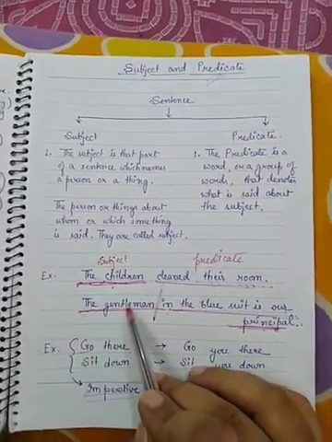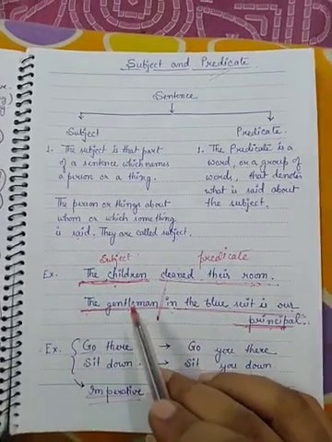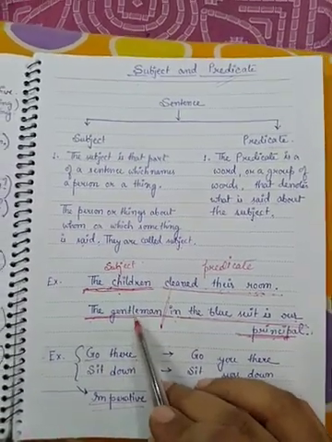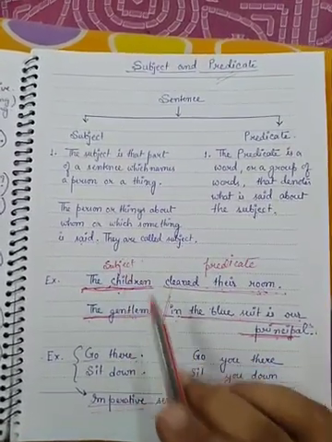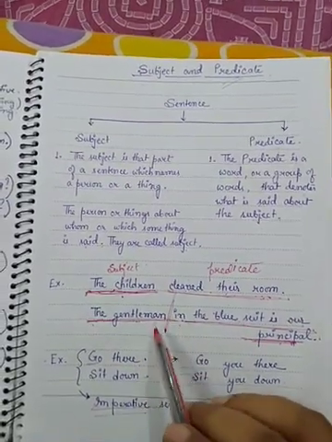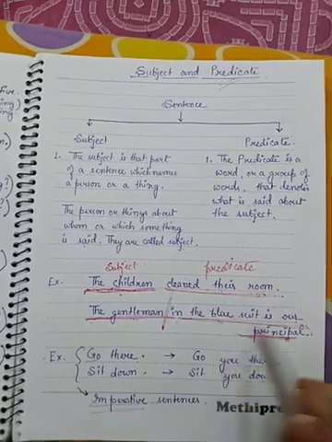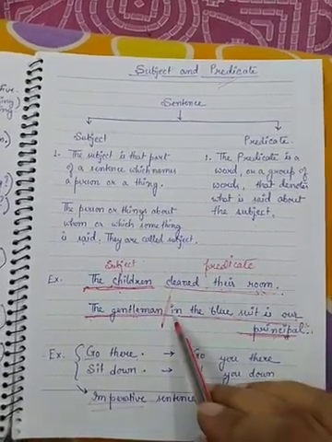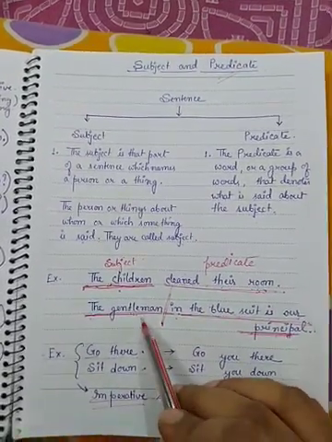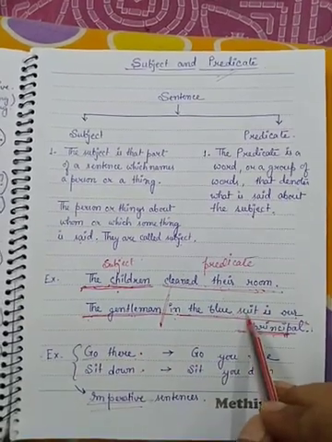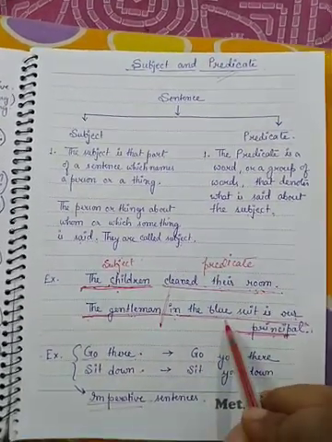So the sentence is talking about a gentleman. So the gentleman is the subject of the sentence. And what is it talking about? That in the blue suit is our principal. It is the remaining part of the sentence irrespective of the subject. So this would be the predicate of the sentence.